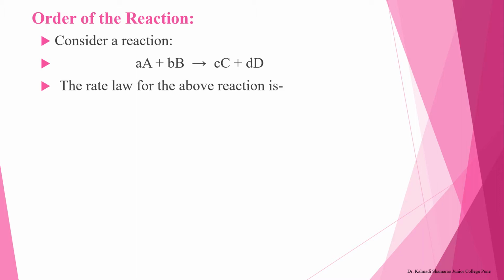Let us see what is order of the reaction. Consider a reaction where a moles of A reacts with b moles of B to give c moles of C and d moles of D. The rate law for the above reaction is given as rate equals k into molar concentration of A to the power x into molar concentration of B to the power y.